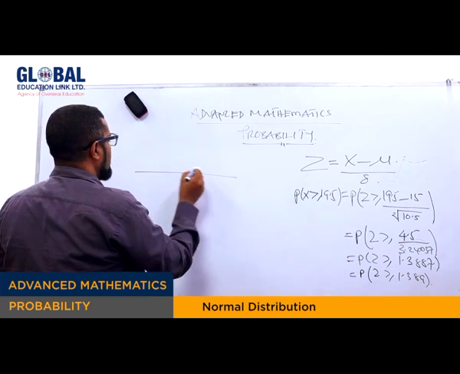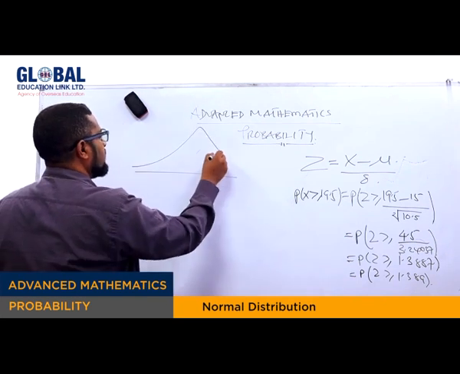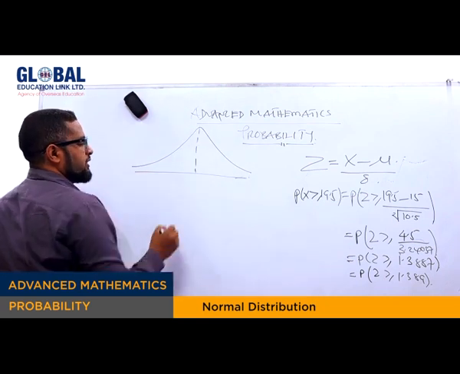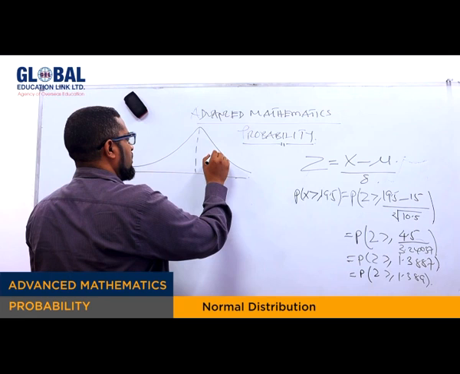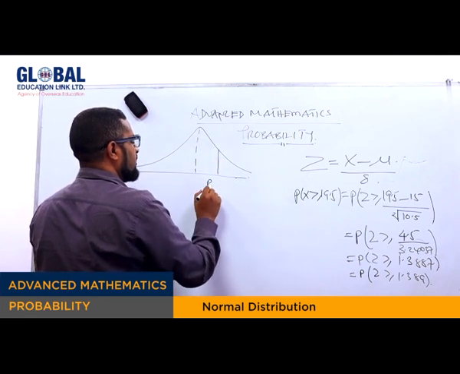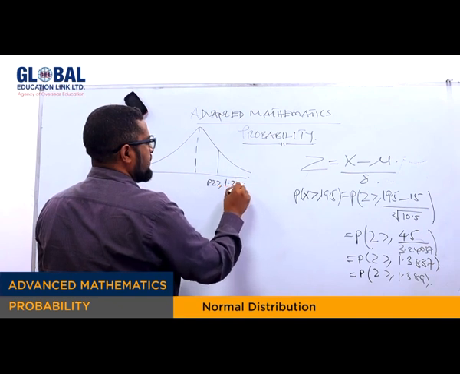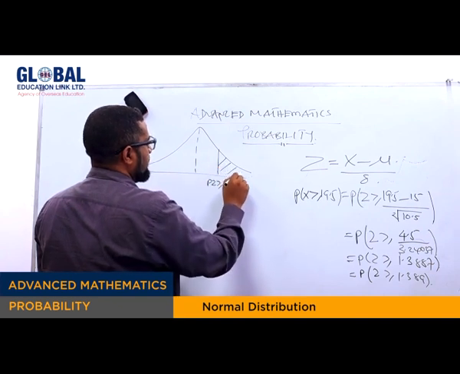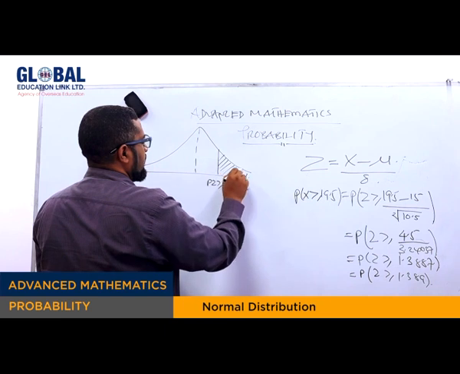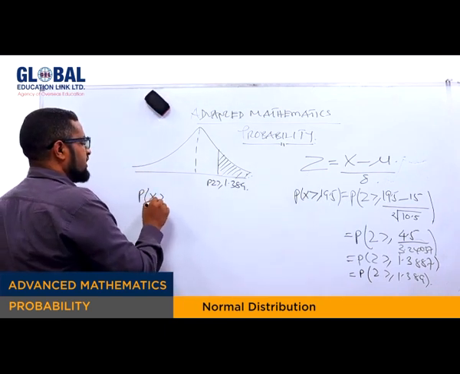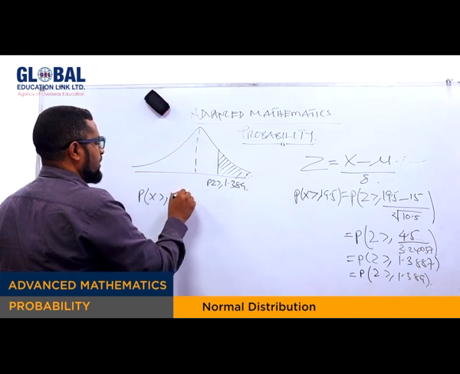So under normal standard curve, that is the mean. Now let's show our Z. So this is the probability of Z greater than 1.389. We are looking for probability of X greater than or equal to 19.5.